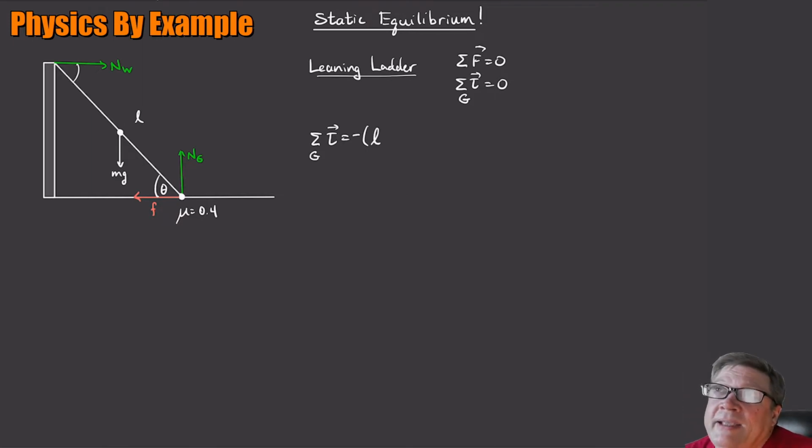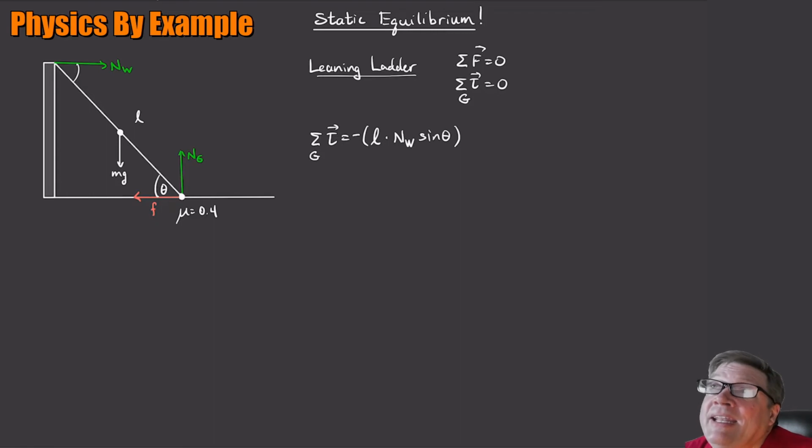And it's N_W, but not all of it, right? We want the perpendicular bit. The perpendicular bit of N_W is going to be N_W sine theta, because as theta goes to 0, I'm going to have no torque. That's the way to think about it, because N_W then will be pointing along the ladder. So N_W sine theta is going to be that torque.